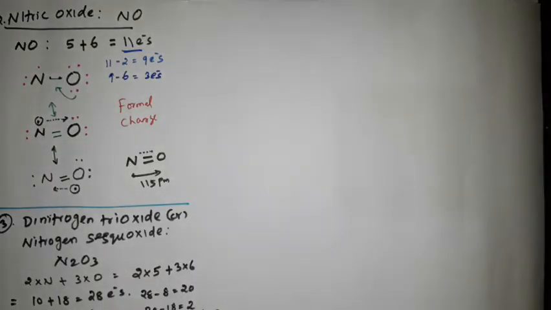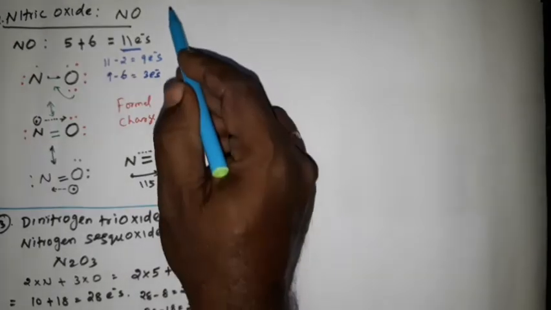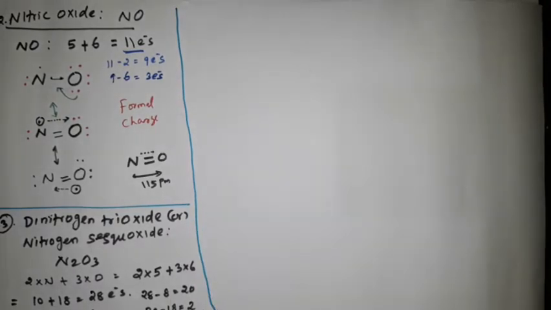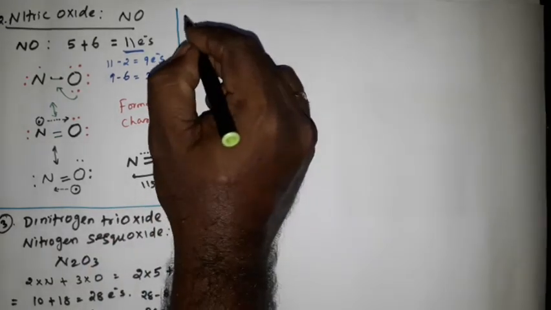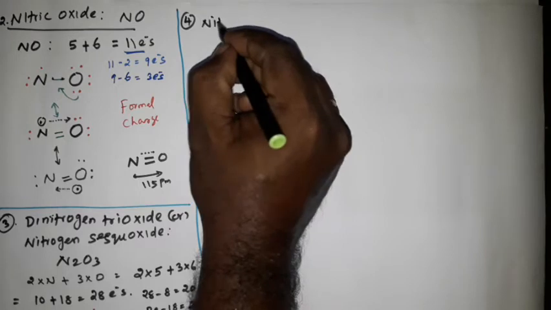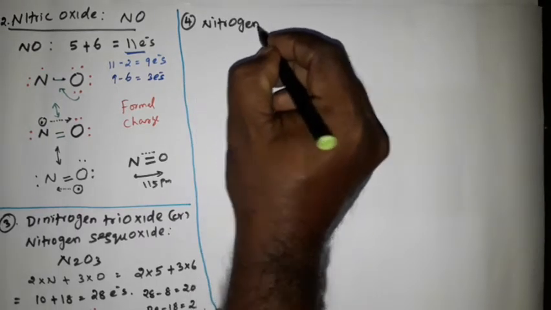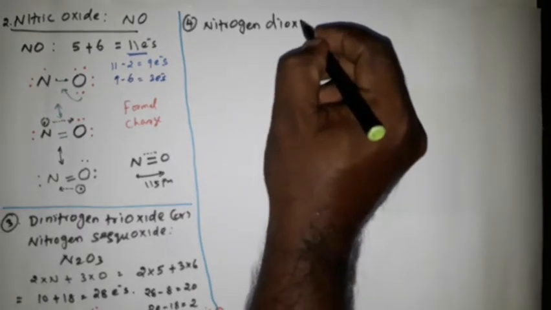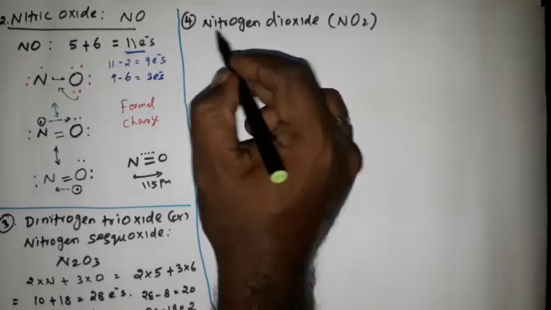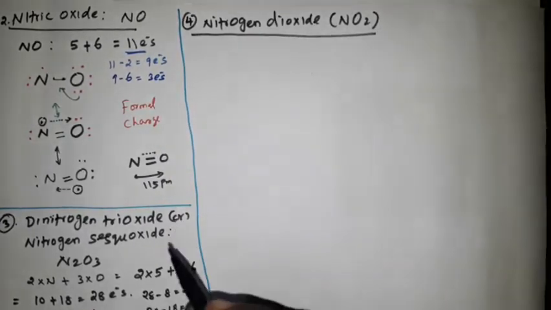So now next structure, there is nitrogen dioxide, NO2. That fourth one is nitrogen dioxide, NO2. Okay, students.